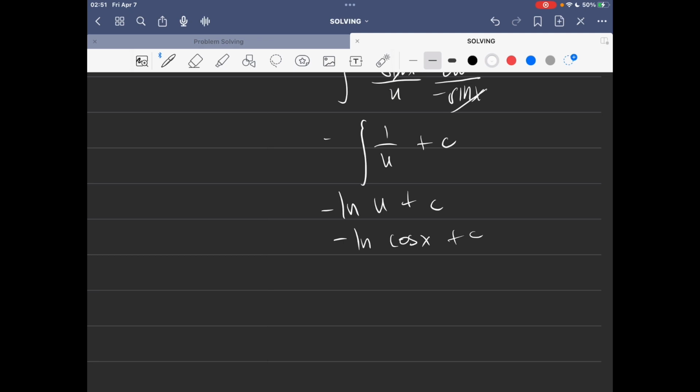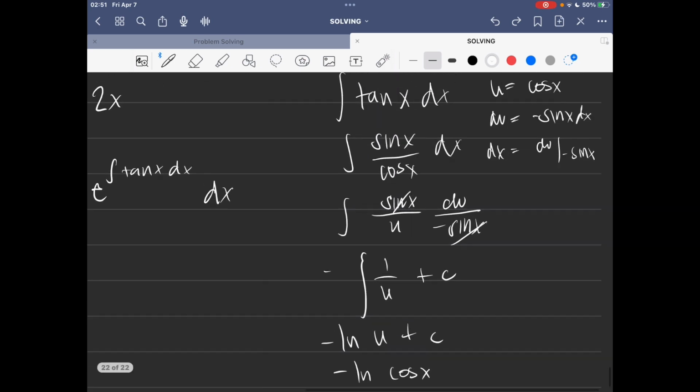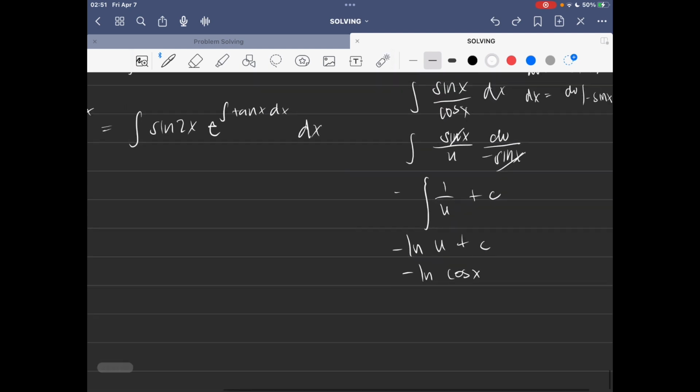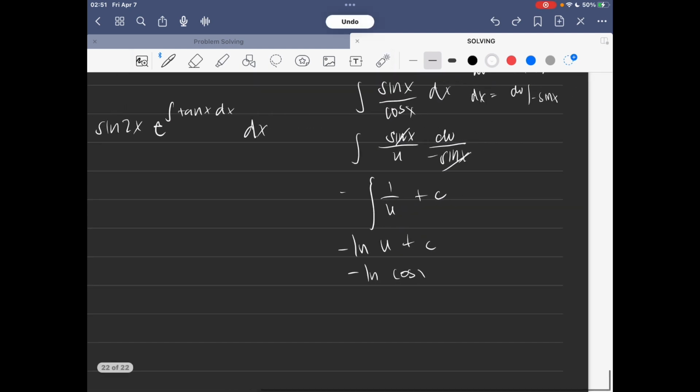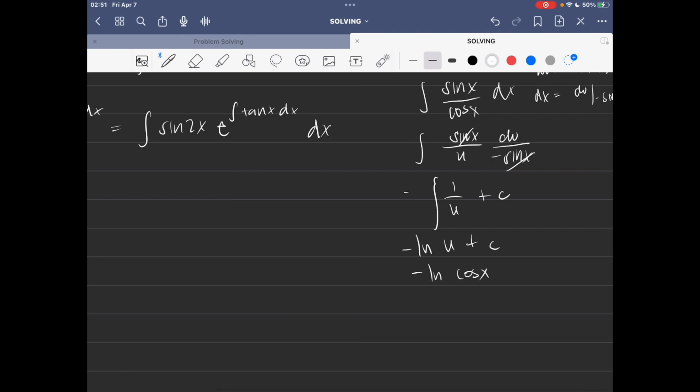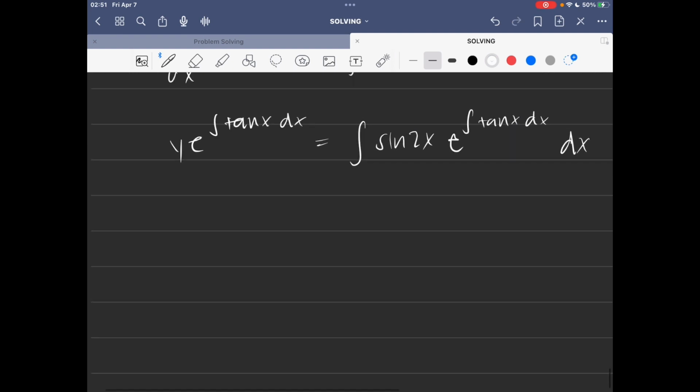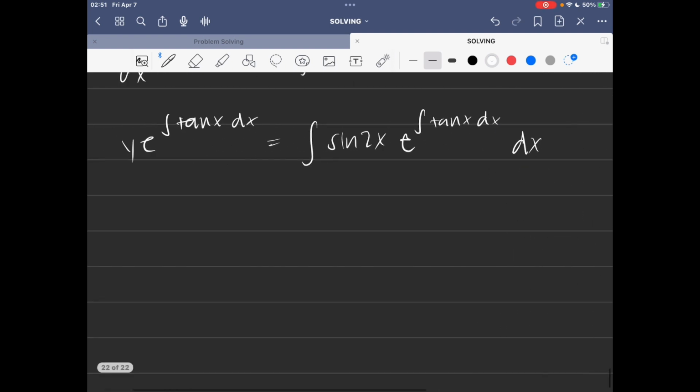So negative ln of cos x plus c. Using that, we substitute negative ln of cos x here.